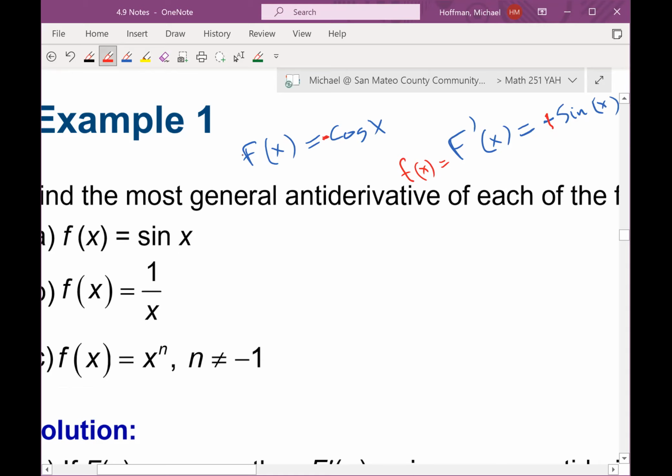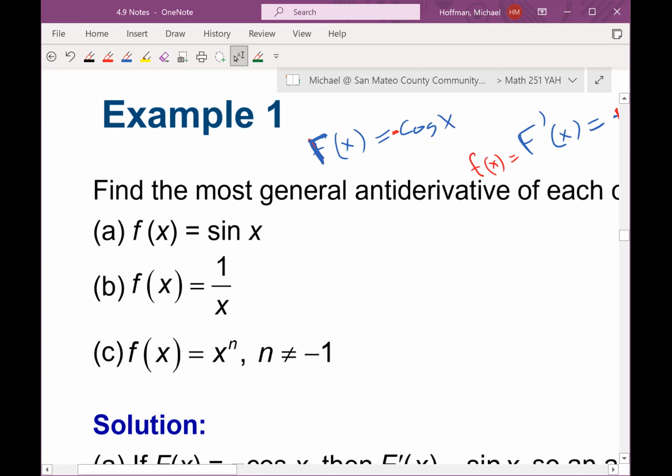Sorry, this is a capital F. We're just using capital letters to denote antiderivatives, right? But if I put a minus sign and say that the antiderivative is minus cosine, when I take the derivative of that, then the minus signs will cancel out and I'll get a positive sine of x. So if f of x equals sine of x, then my capital F of x, the antiderivative, is going to be minus cosine x, and of course plus any constant.